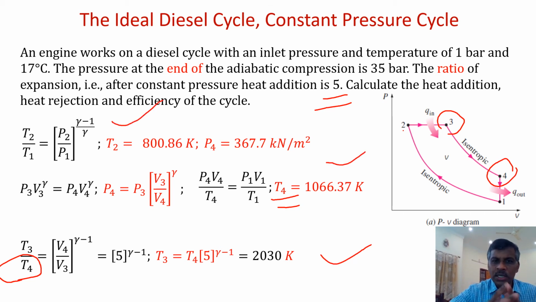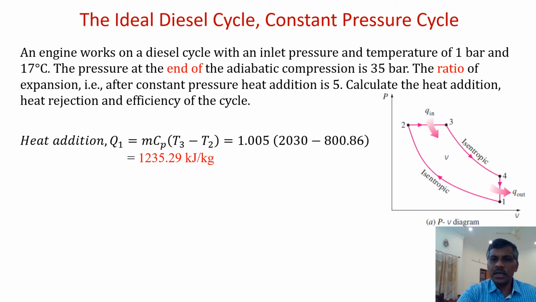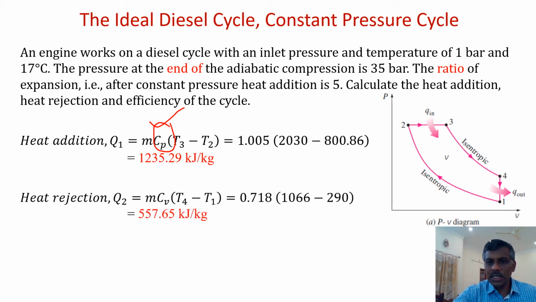Once all the temperatures are known, then it is just writing. For example, heat addition is a constant pressure process. Always remember it is CP. Be careful about it. High temperature minus low temperature, T3 minus T2, gives the heat addition. When it comes to heat rejection, that is 4 to 1, note that it is CV because it is constant volume.